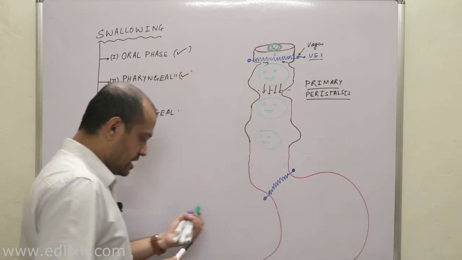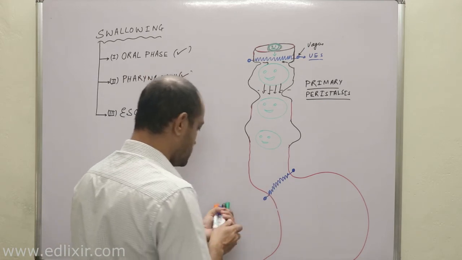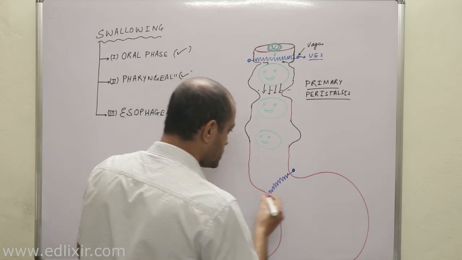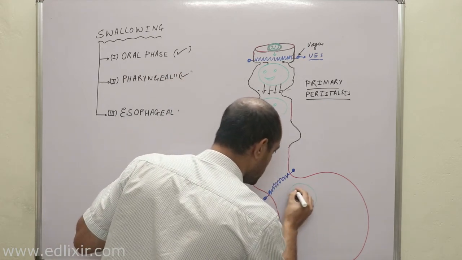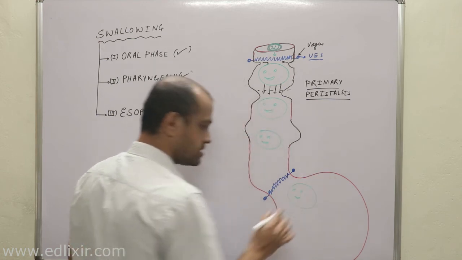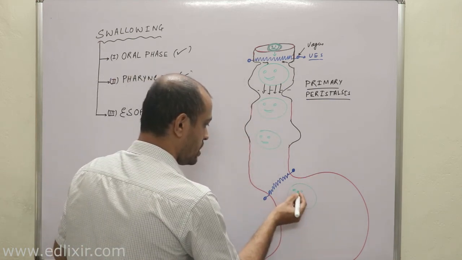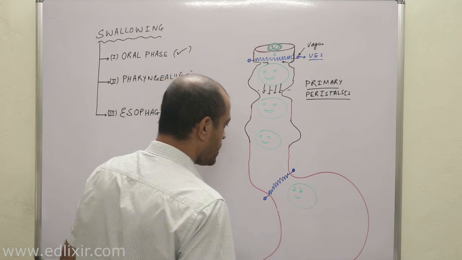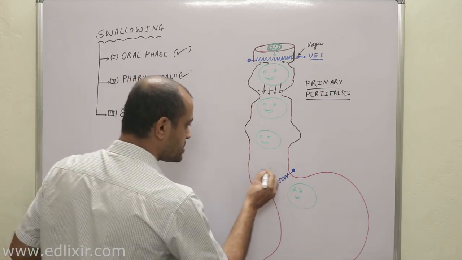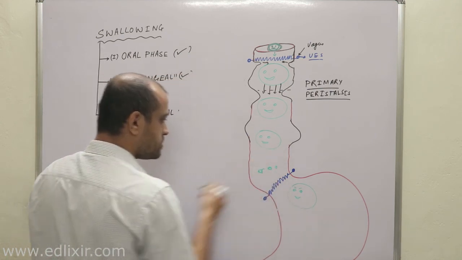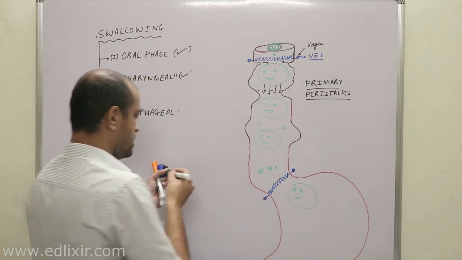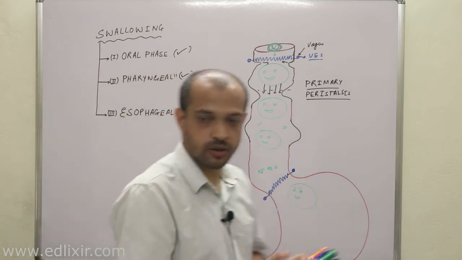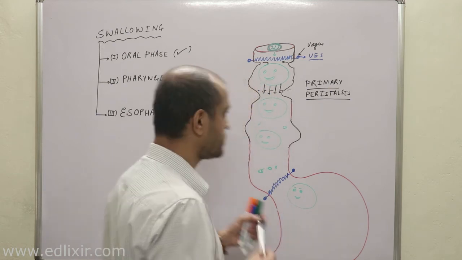Now listen, if after primary peristalsis, that means after this food has entered the stomach, okay, now how it enters the stomach we will discuss later in this lecture. After it has entered the stomach, if some food particles are left here and there, then the second wave of peristalsis will occur, which is called secondary peristalsis.